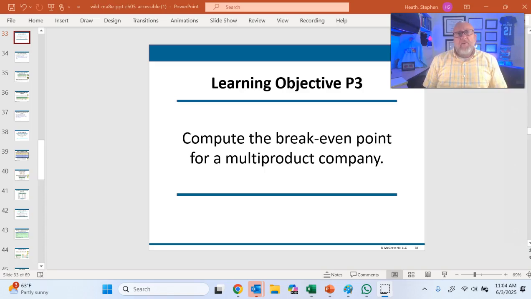But anyway, compute the break-even point for a multi-product company. Again, my hot dog example where I'm selling hot dogs, it would be unreasonable for me to assume the only thing I would sell are hot dogs. It's more likely the case that I would sell hot dogs, maybe some soda, alcohol if I could, chips or fries.